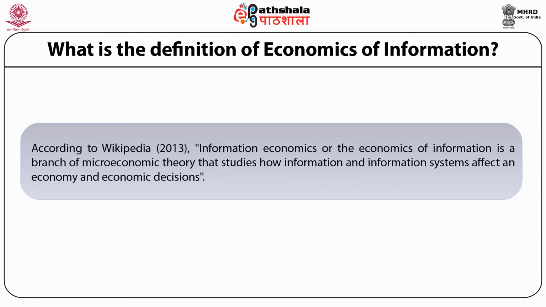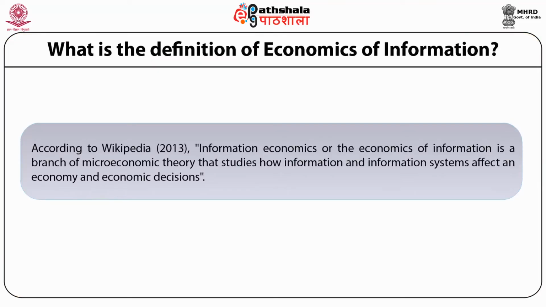According to Wikipedia, information economics or the economics of information is a branch of microeconomic theory, which I just told you, that studies how information and information systems affect an economy and economic decisions. Now, Stiglitz has also pointed out that because information is very costly, both suppliers and demanders must spend resources to acquire and disseminate information. Also, the existence and role of middlemen is a market response to costly information.